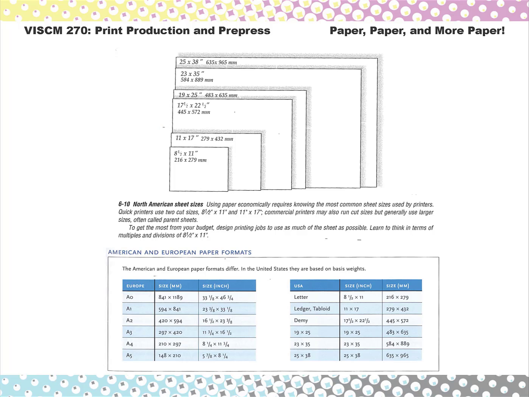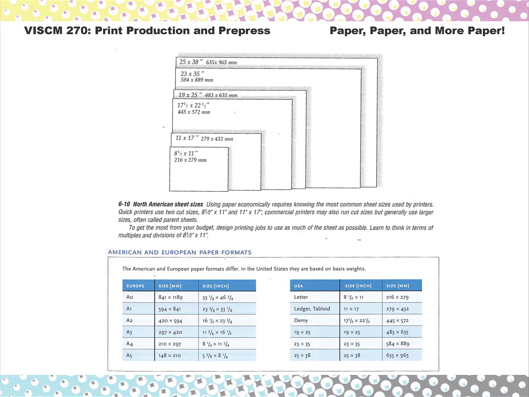The next sheet size up from that is a 19 by 25. That's a very common printing press size paper. And your 25 by 38 is commonly referred to as a 40-inch press. That's the paper for a 40-inch press, which are some of the largest presses.